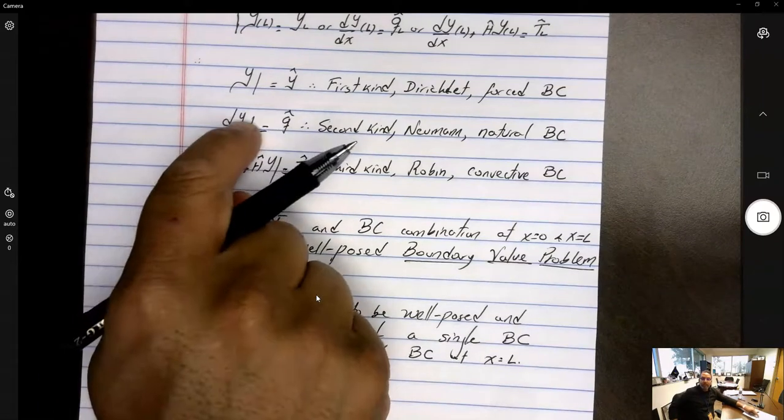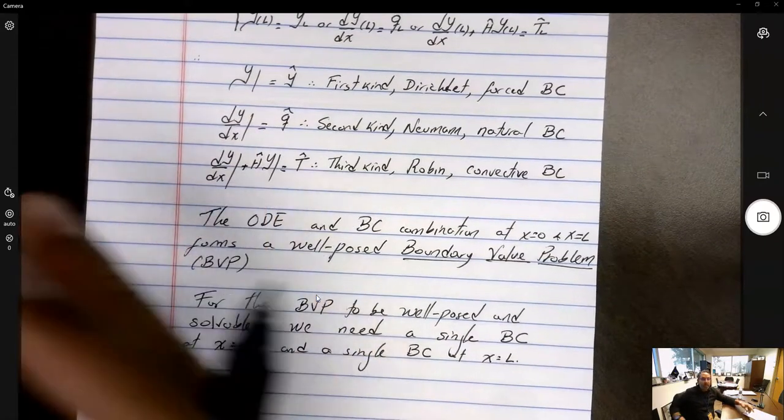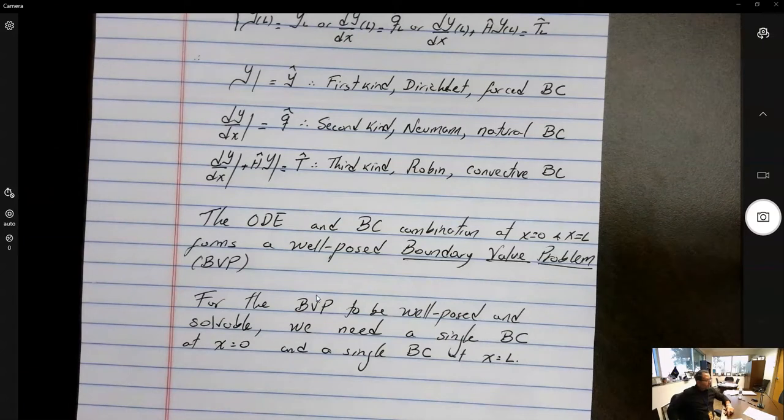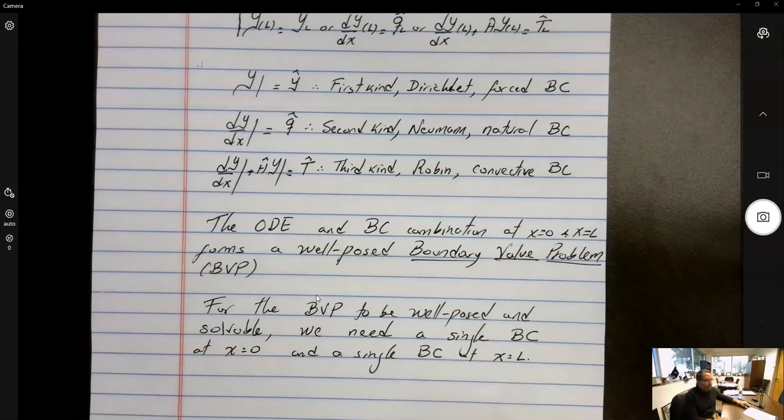I can have one kind at x equals 0 and another at x equal L, and that's perfectly solvable. Okay, and we'll get to that as we broach more into boundary value problems. But for now, let's just concentrate on the problem at hand.